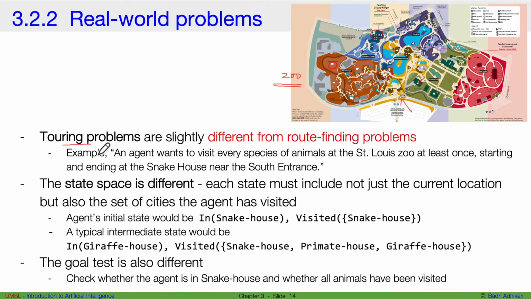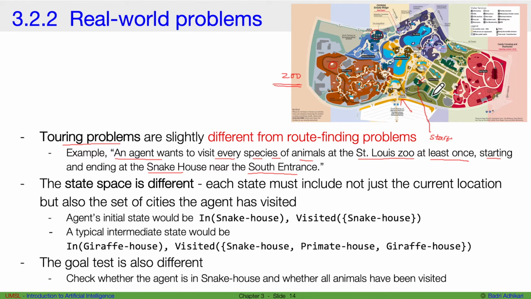An example of a touring problem is, say for example, an agent wants to visit every species of animals at the St. Louis Zoo at least once, starting and ending at the snake house near the south entrance. So this is where we would like to start.